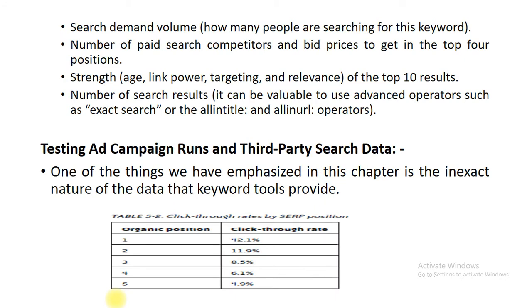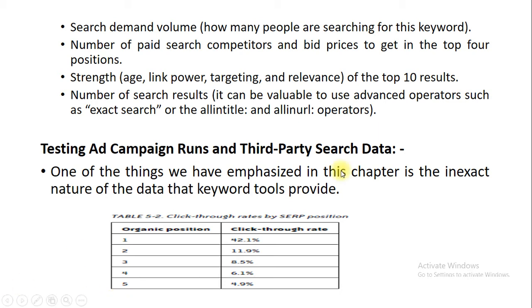Next is testing ad campaign runs and third party search data. That means you want to test ad campaigns that run, or use third party search data. Third party search data means the person is not related to the business, but is referred to as a third party.